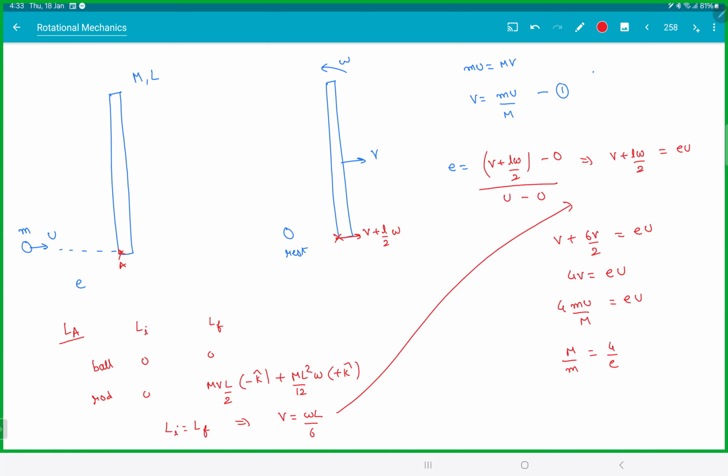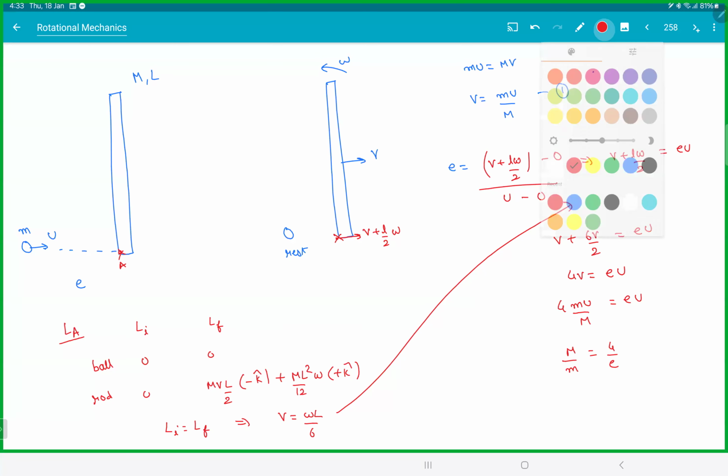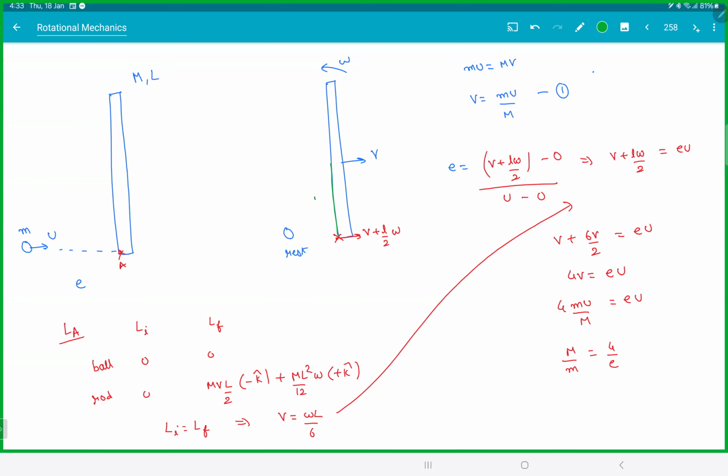There. How did you get omega L by 12? There is a 2 there. This distance is L by 2, everyone. Okay? m by M is 4 by e. So I can even say something like, the value of e will be 4m by capital M. This should always be less than or equal to 1.